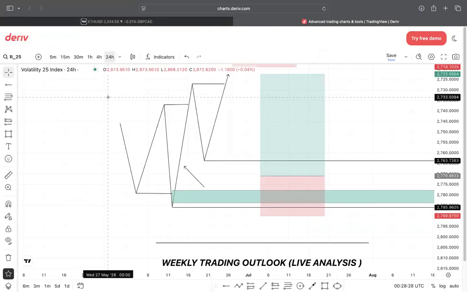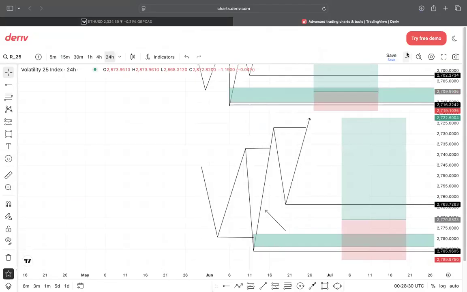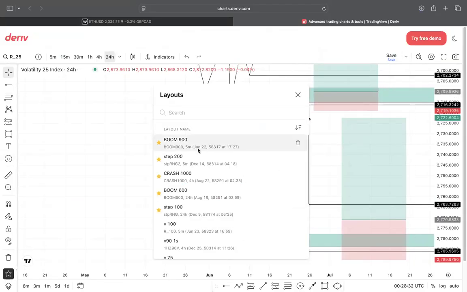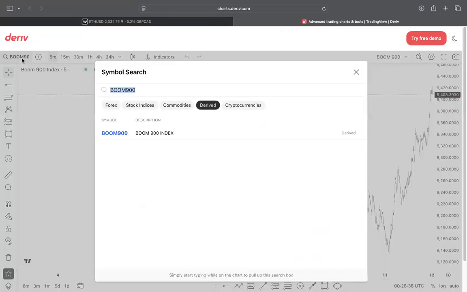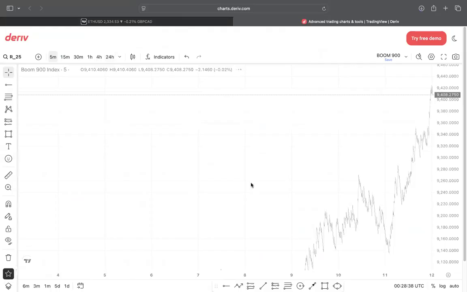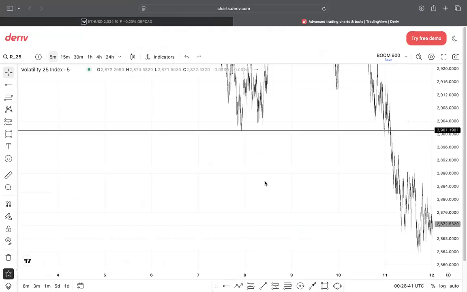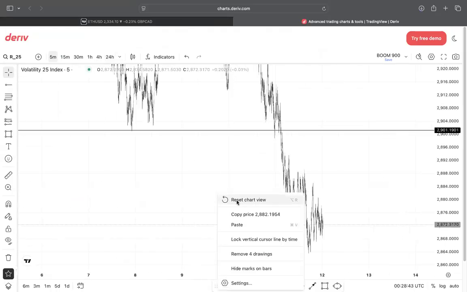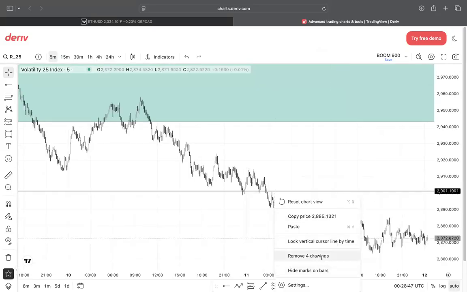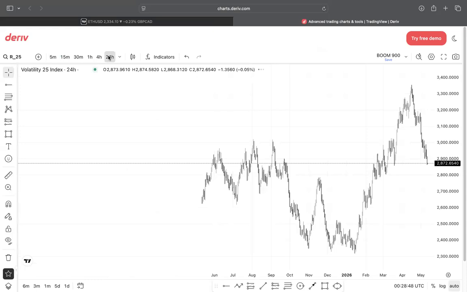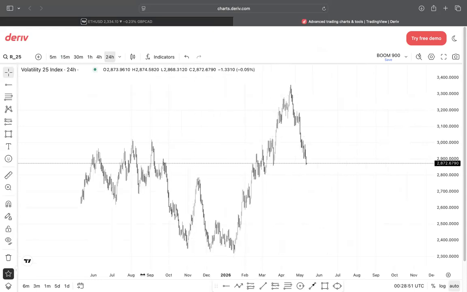So I have another trade on synthetic indices, volatility 25. All right, volatility 25. So let's see what we got together. So volatility 25 is on a sell trend, right?